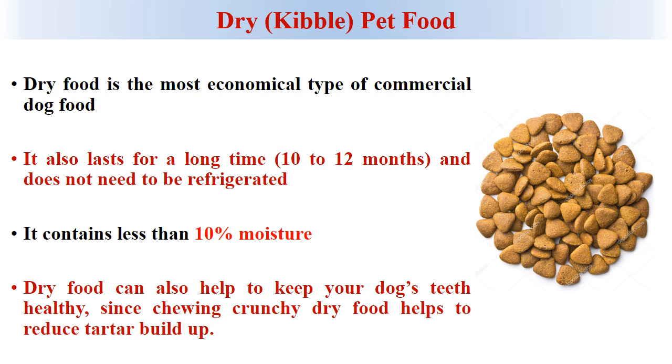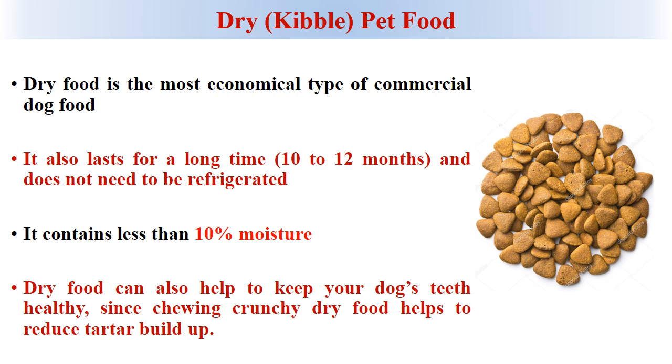Now we will discuss a little more detail about the different types of pet food. The first one is dry pet food. The common brand is Kibble. Dry food is the most economical type of commercial dog food, and it also lasts a long time.